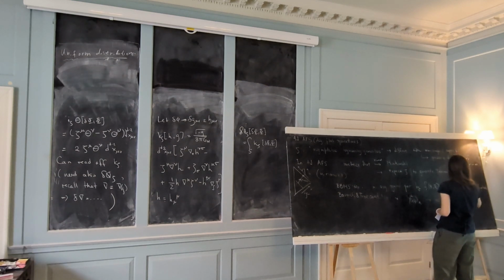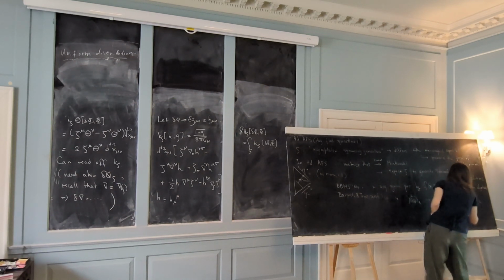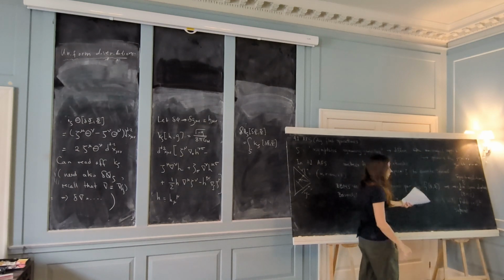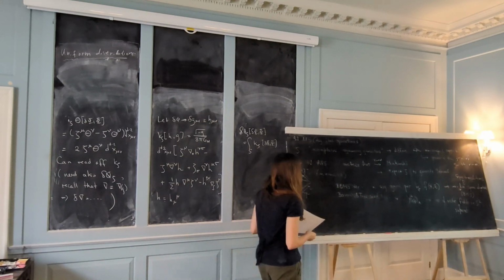These are called supertranslations. We will discuss them in a bit more detail in a moment. And these are called superrotations, provided that they are holomorphic, that their entries are holomorphic and anti-holomorphic functions respectively.